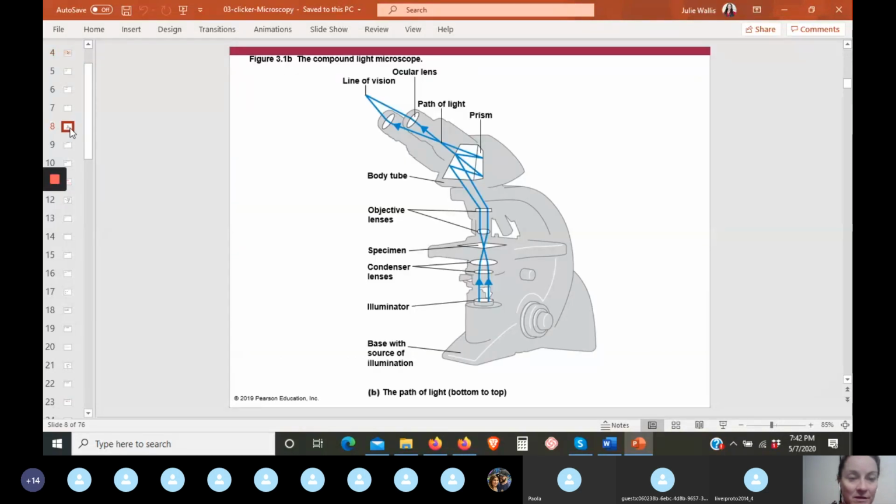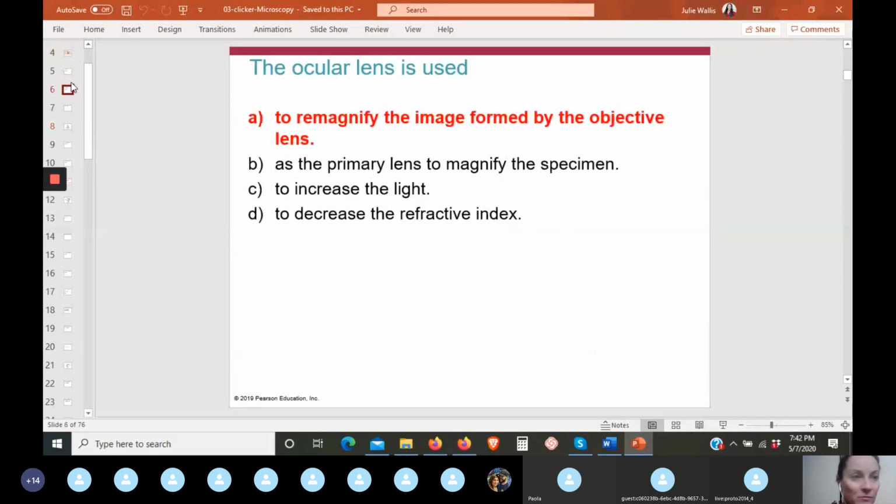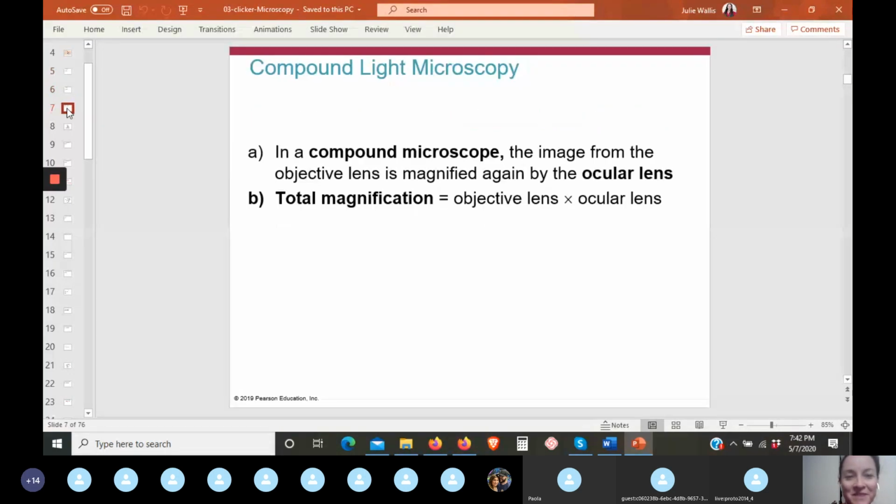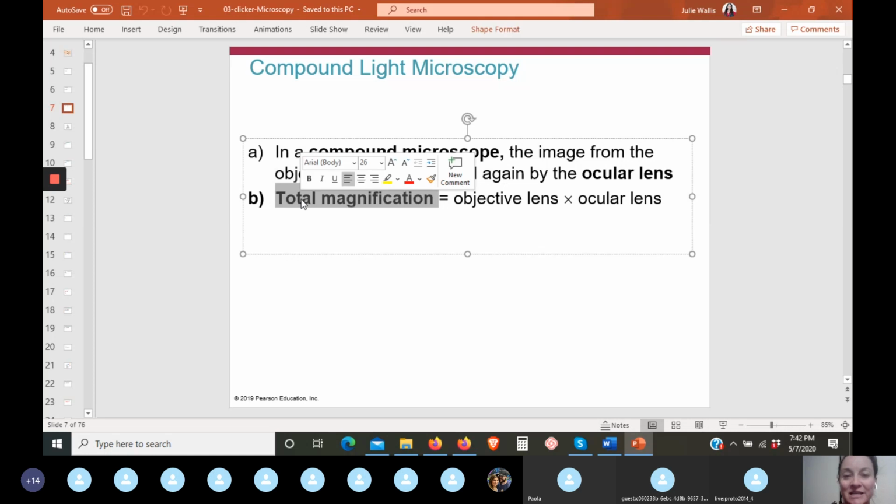The way that you calculate the total magnification is the objective lens, which is the 10 times magnification. Oh, I keep saying it backwards. The objective lens is the one that's different. So that's the 10, 20, 40, or 100.